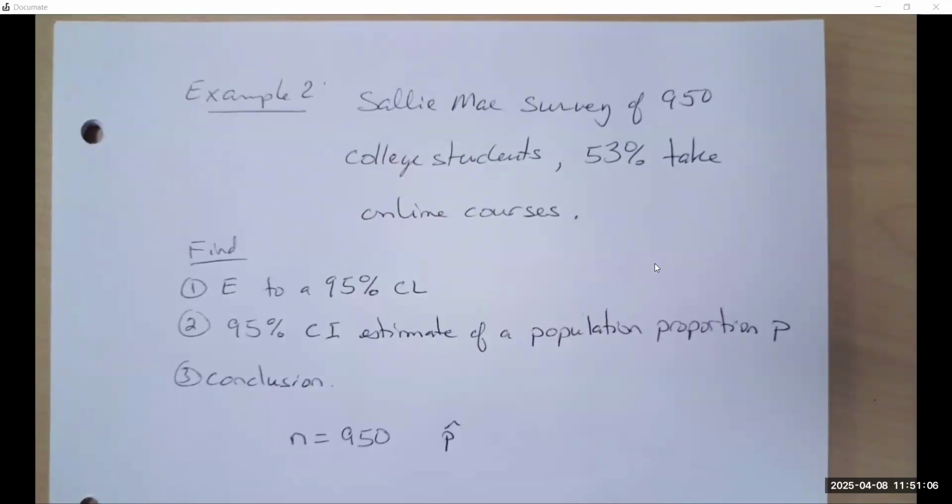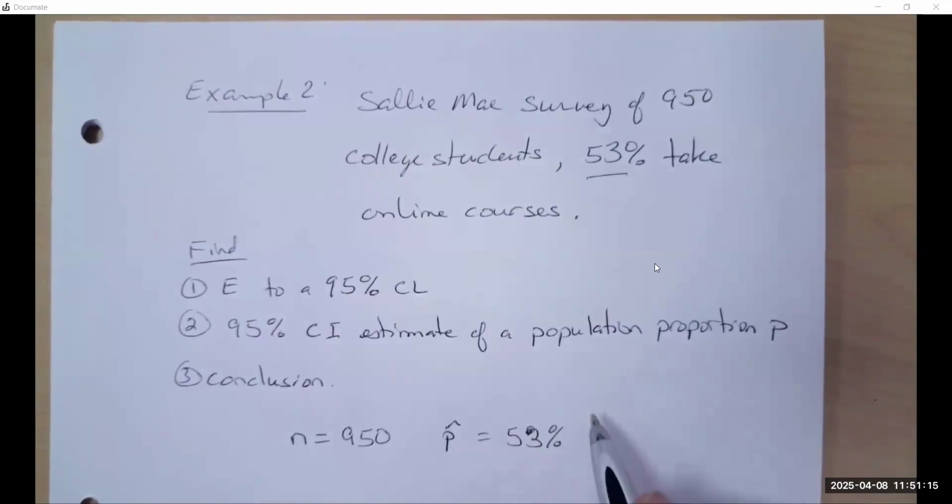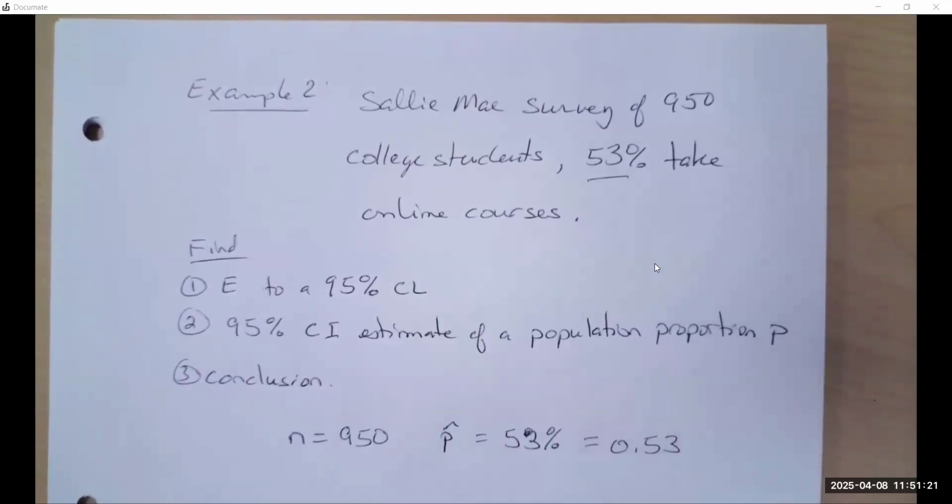What proportion is that? Yeah, that's 53%. That's the sample part. So it's 0.53. What else do we need?